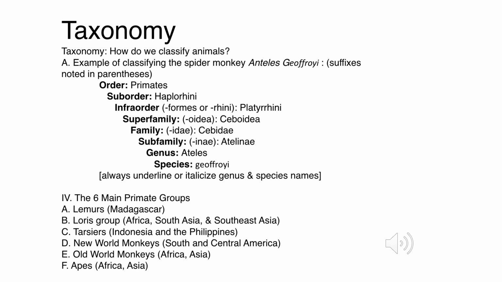Now move over to your superfamily. If I'm moving too fast, just pause me here. So we found our suborder Haplorhini, our infraorder Platyrrhini. Now we're moving over to the next column of superfamily, and that should be Ceboidea. Are you guys able to find that?